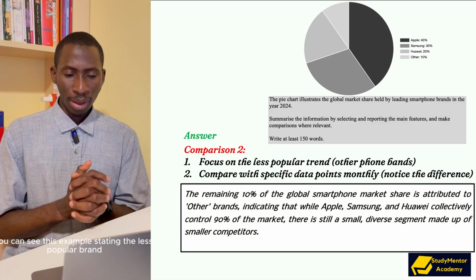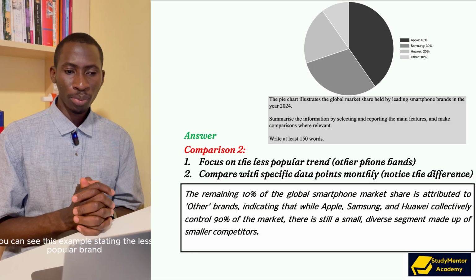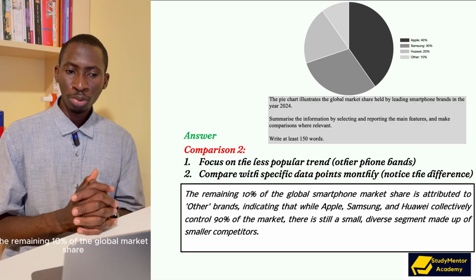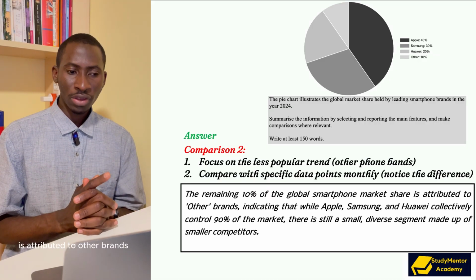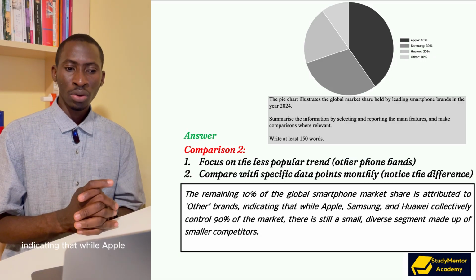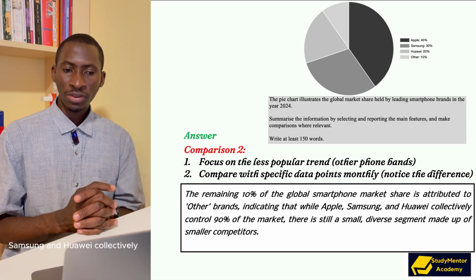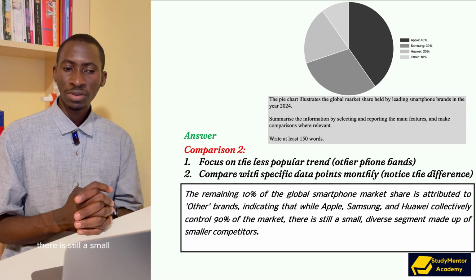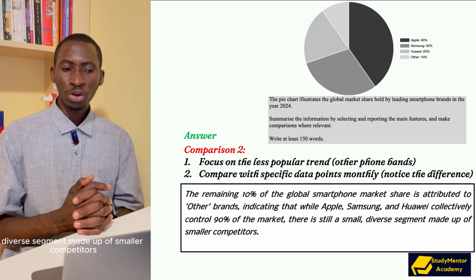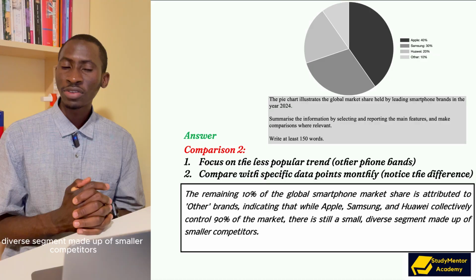You can see this example stating the less popular brand, which has 10%. The remaining 10% of the global market share is attributed to other brands, indicating that while Apple, Samsung, and Huawei collectively control 90% of the market, there is still a small, diverse segment made up of smaller competitors.